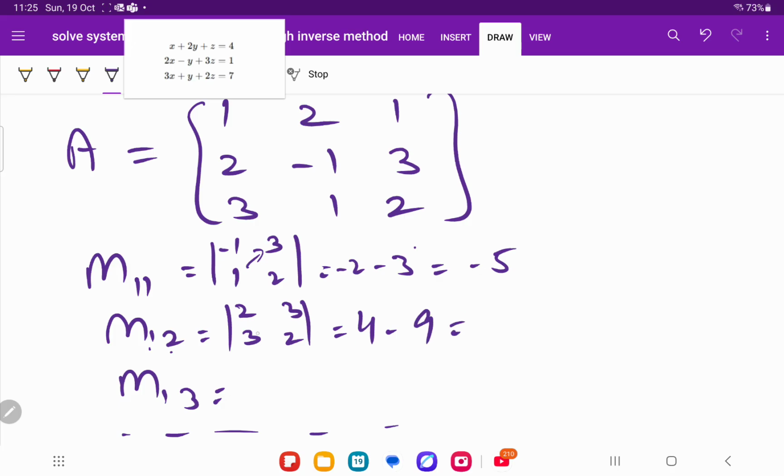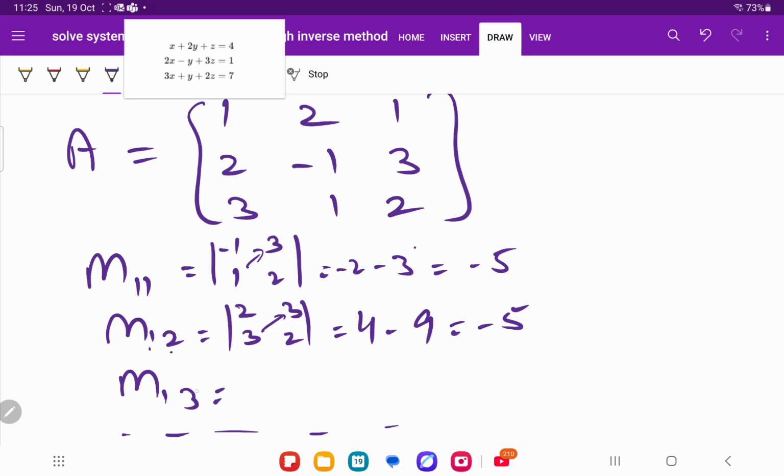We have to keep the opposite sign when we are moving up. So 3 multiplied by 3 is basically plus 9, but we take the reverse sign of it. So the answer is minus 5.